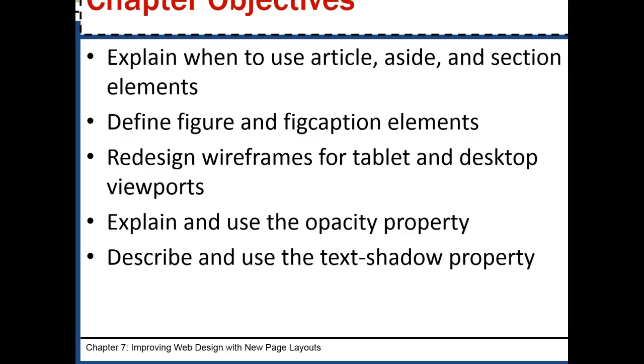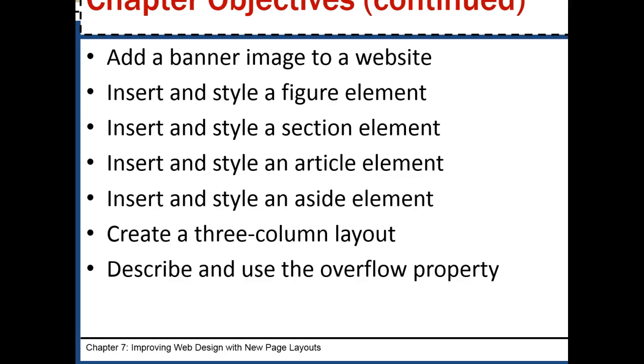We will also talk about how to create the text shadow property and add a banner image to our website. This is very popular for websites now, that they have that banner image.